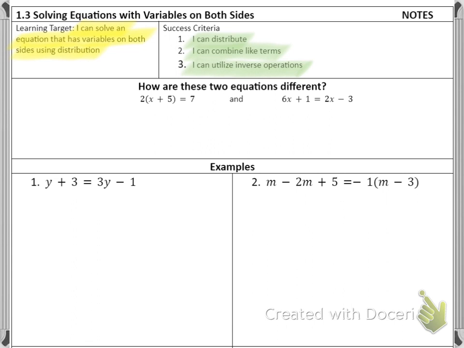Well, I notice, for one, that on my left side of the equation, I only have one term on the right side, whereas over here, I have 2 terms. And I have 2 terms over here.